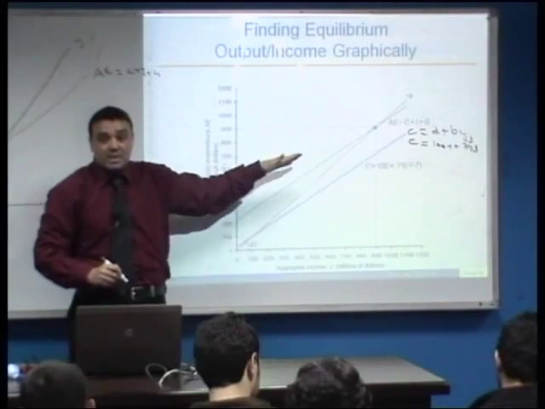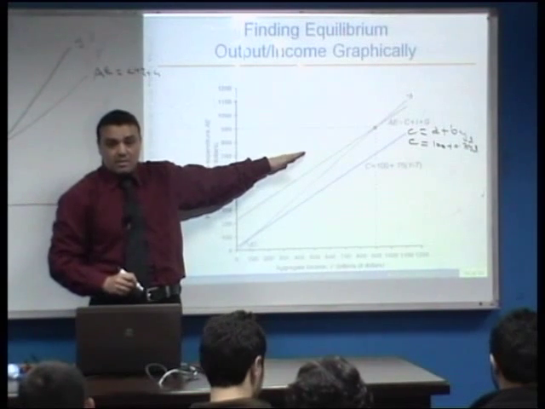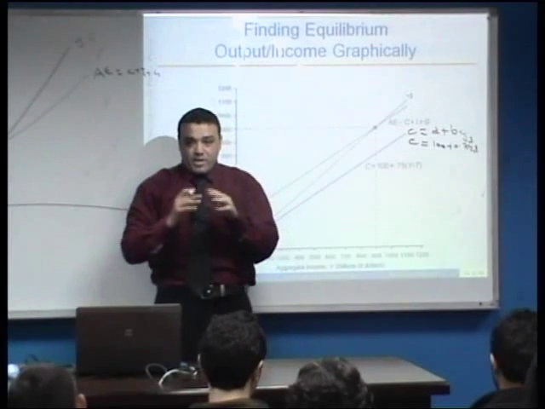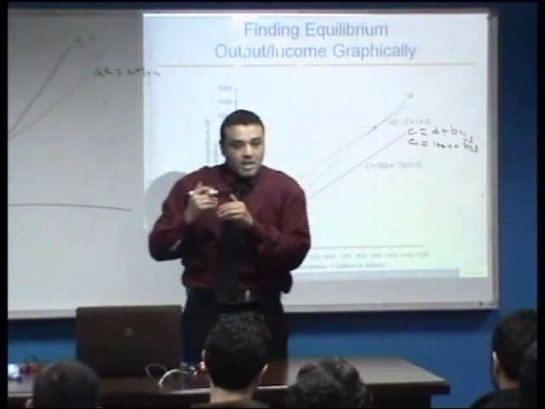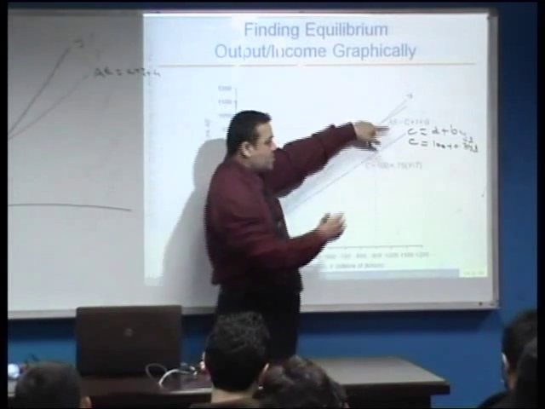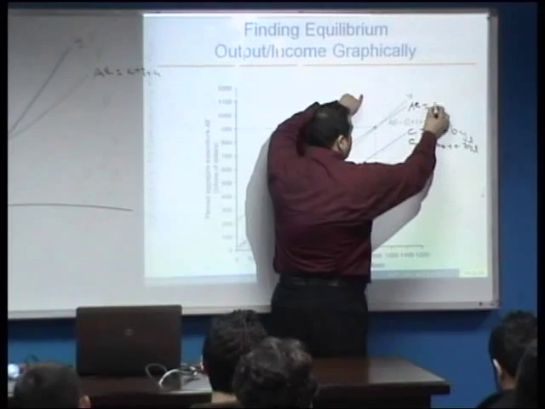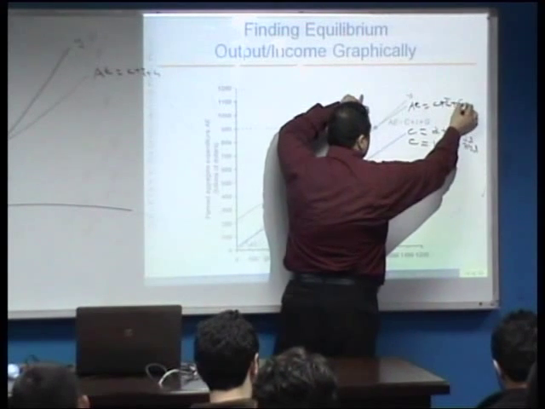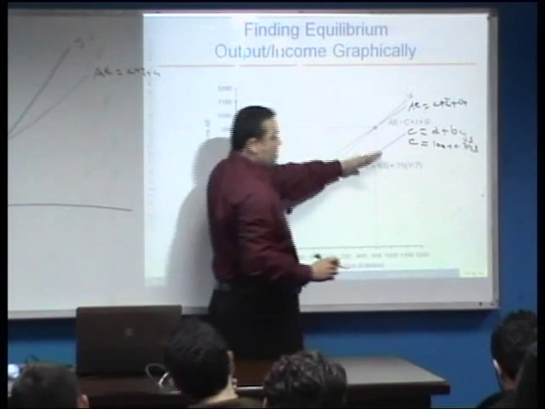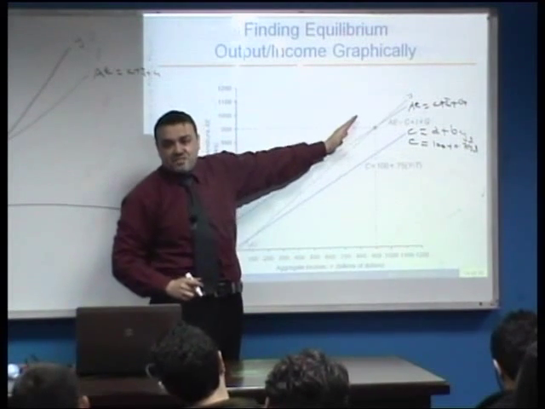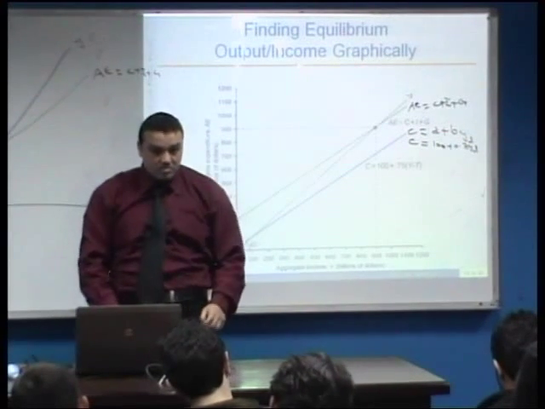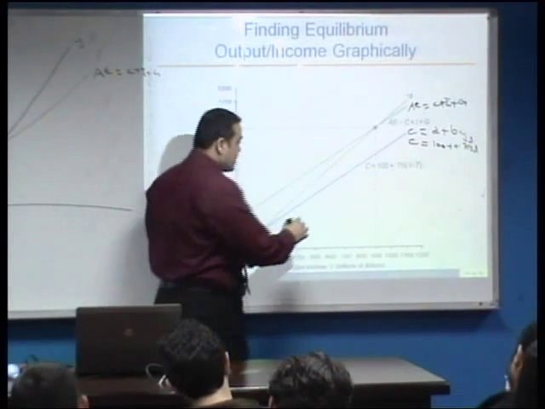If we have I plus G, meaning we added the investment and the government spending, we have the aggregate expenditure equals C plus I plus G. The same formula, plus I plus G. So we have an upward shifting of the consumption function or the aggregate expenditure function. Right? Which leads to what?